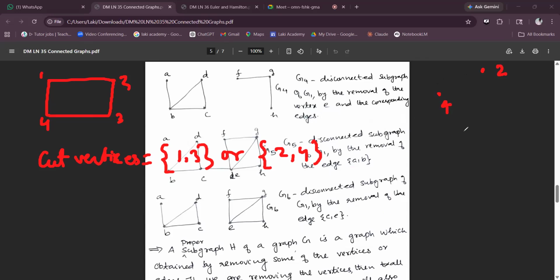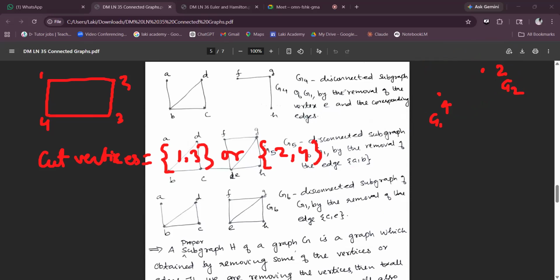But then it will be removing edges, no? No, you have to disconnect two components. This is also a component, an isolated graph. This is graph 1 and graph 2. When you remove vertices 1 and 3, we can remove only one vertex at a time?